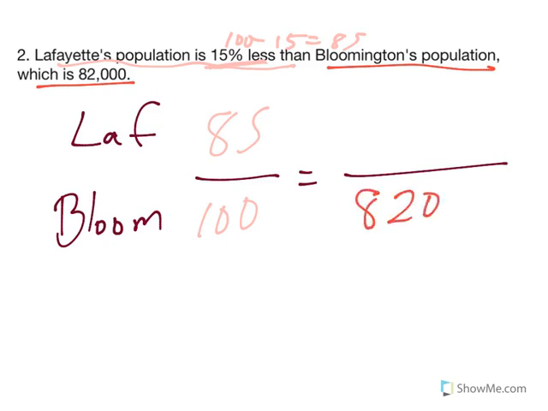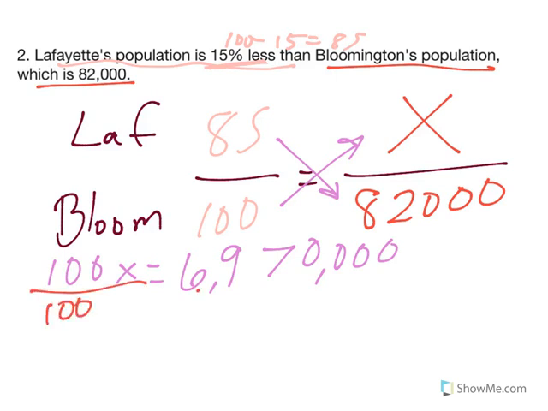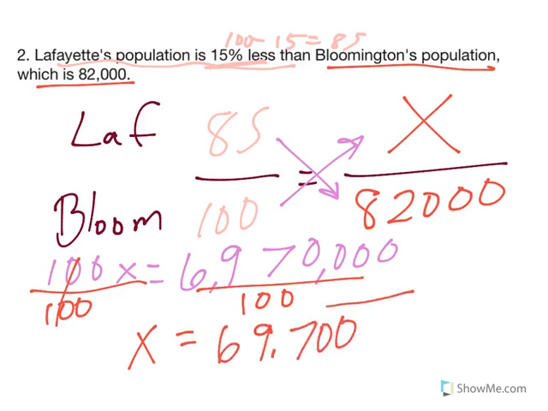So Bloomington is the 82,000. Lafayette is what we're missing. So to cross multiply, I get 100X equals 85 times 82,000, which is going to give me 6,970,000. Sorry, I couldn't read my handwriting in my book there. Divide both sides by 100, and Lafayette's population is 69,700.